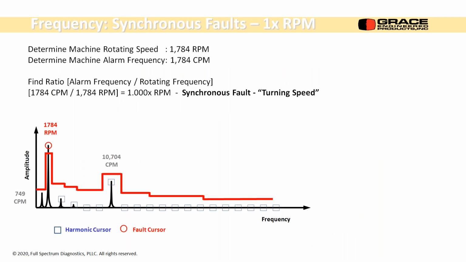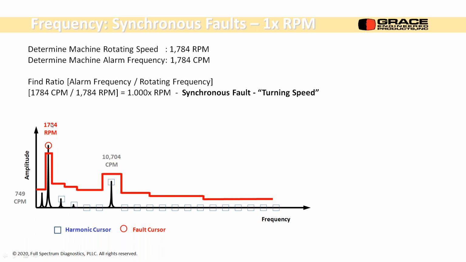Frequency content. We're going to do this real quick. Synchronous faults are at 1 times RPM. The label on the pump, or on the motor, the nameplate data is probably going to tell us roughly what the unloaded speed of the motor is when it came out of the shop that built it.